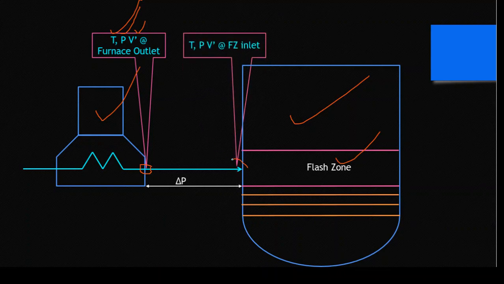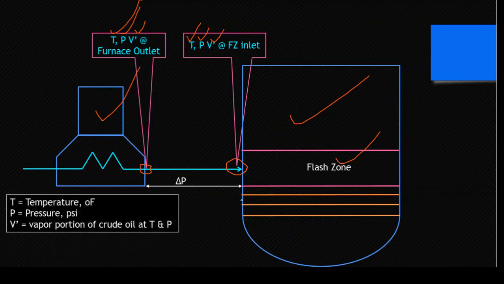Similarly, at the flash zone inlet we need the temperature, pressure and vaporization. We have to find these out, and after knowing all these three factors we can calculate the energy balance. So now these are basically our target.